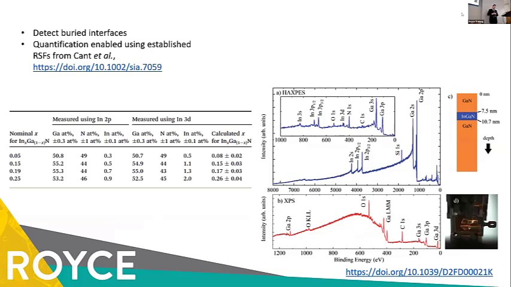The quantification has been established for this instrument with our colleagues at NPL for the notable paper by David Cant. We can quantify the atomic concentration of gallium, nitrogen, and indium, and then we can use a layered model to extract the expected stoichiometry within reasonable error.